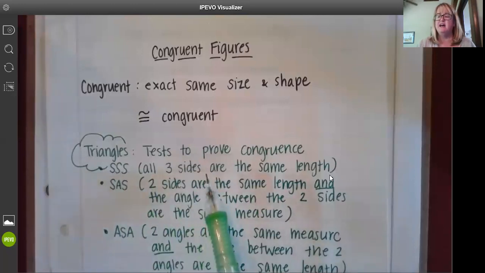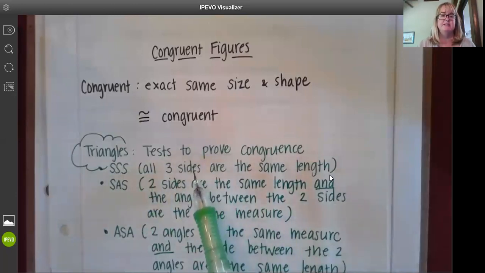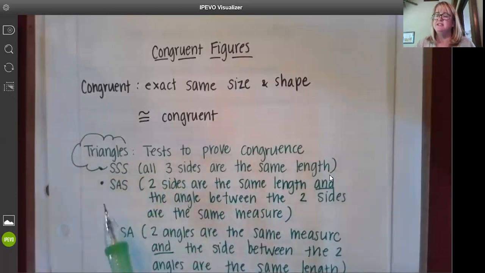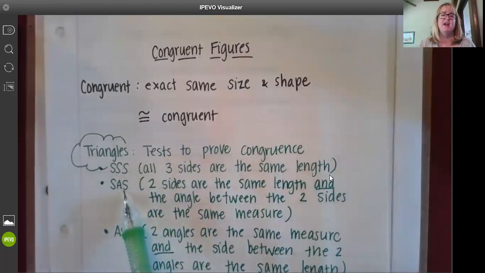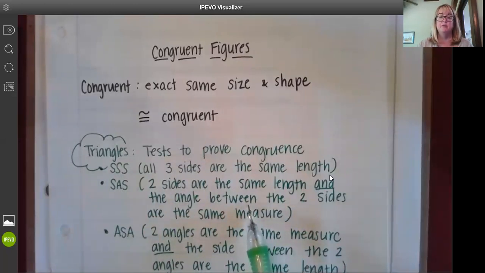If all three sides are the same length, then the triangles are congruent. The other test is SAS, where S stands for side and A stands for angle. So this is the side, angle, side test. If two sides are the same length and the angle between the two sides is the same measure, then the two triangles are congruent.